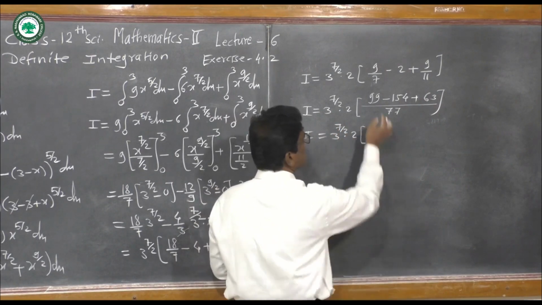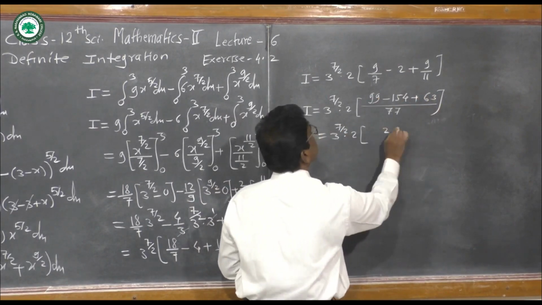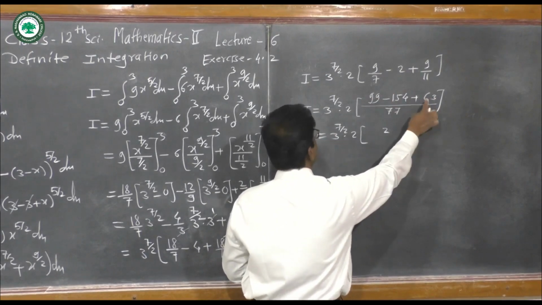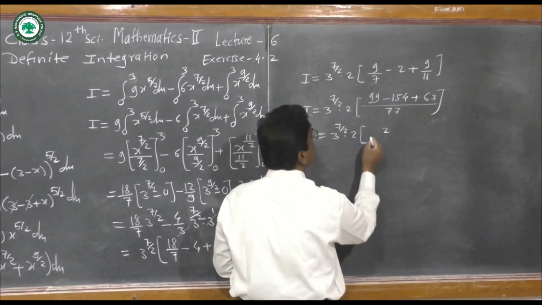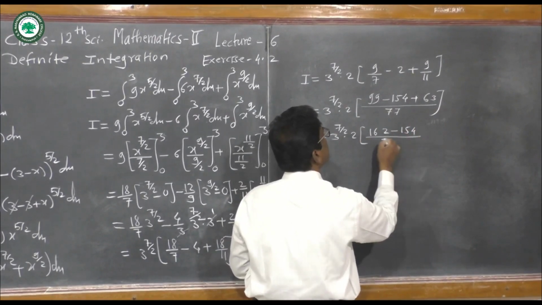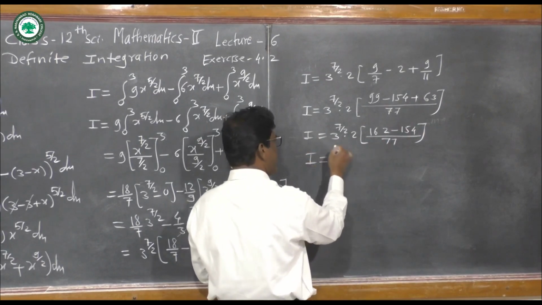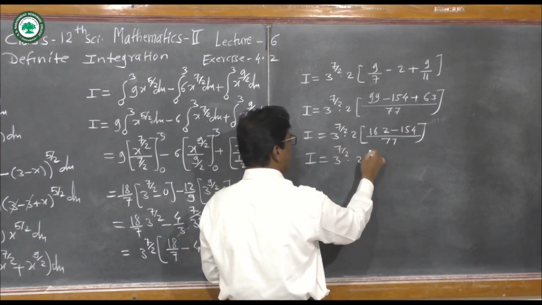in the bracket. Now this 99 plus 63. 9 plus 3 is 12. And 9 plus 6 is 15 and that 1, that is 162 minus 154 divided by 77. So I is equal to 3 to the power 7 by 2 into 2 in bracket.